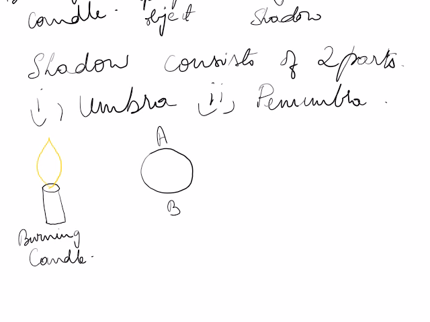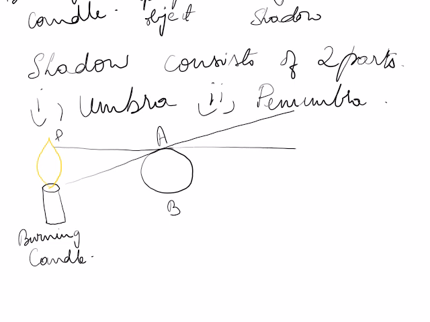A light ray say from this point P passes grazing the top of the object. Another light ray from here goes like this.